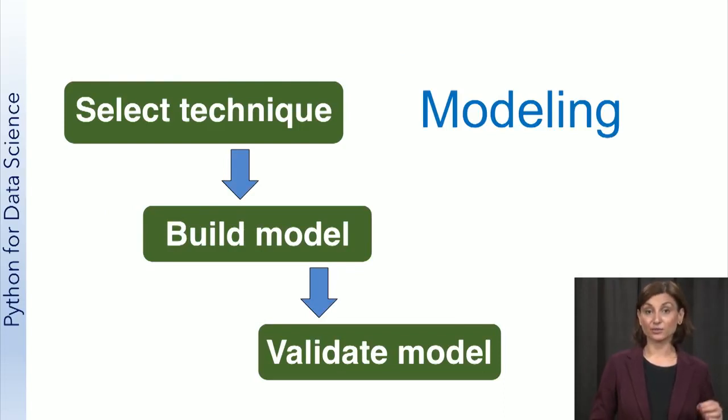Modeling starts with selecting one of these techniques we listed as the appropriate analysis technique depending on the type of problem you have. Then, you construct the model using the data that you've prepared. To validate the model, you apply it to new data samples. This is to evaluate how well the model does on data that was not used to construct it.